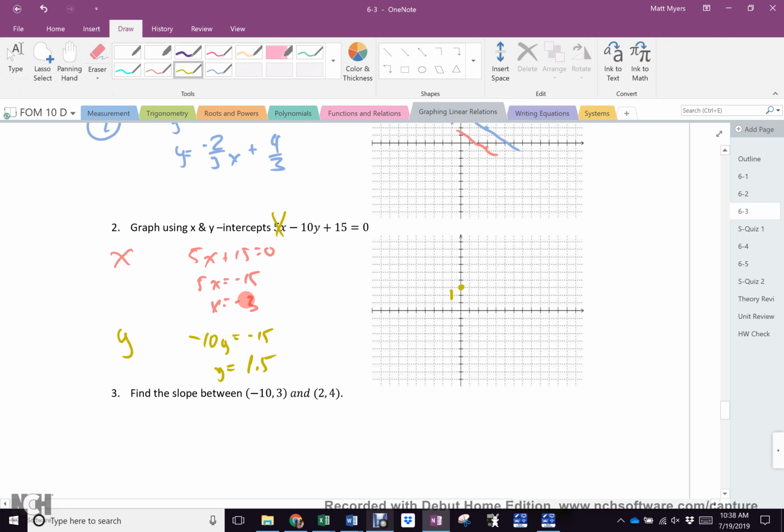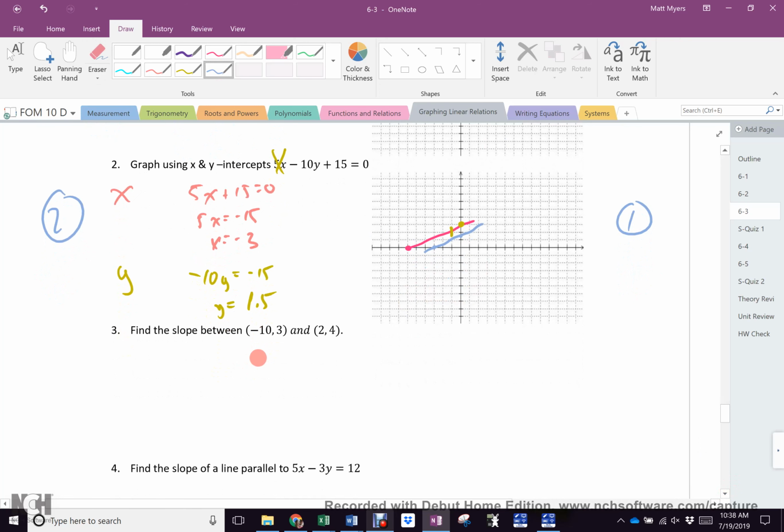My x needed to be negative 3, so if I keep the same scale, negative 1, negative 2, negative 3 is way out here. But if you didn't change the scale, then it looks like this. 1.5 and negative 3. Same thing, 2 and 1.